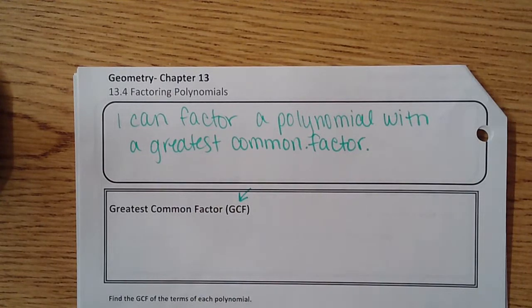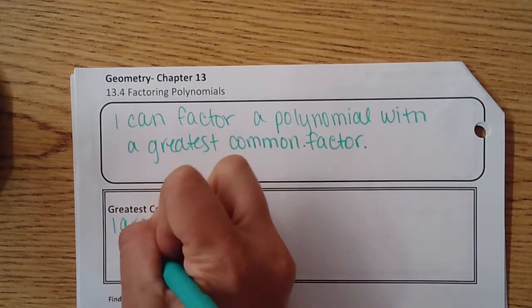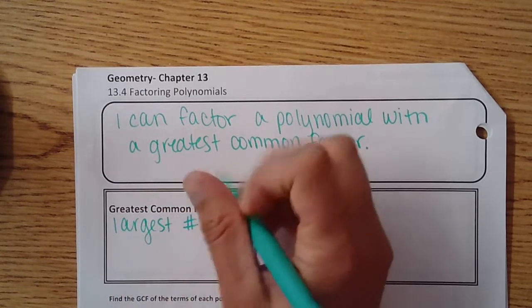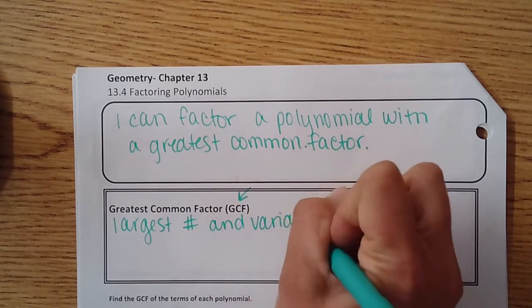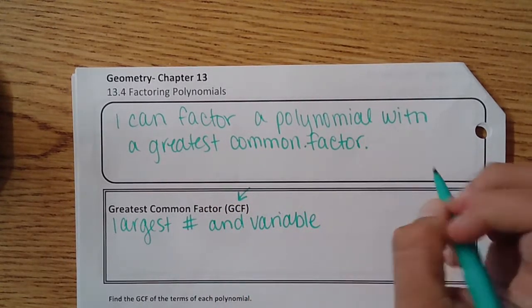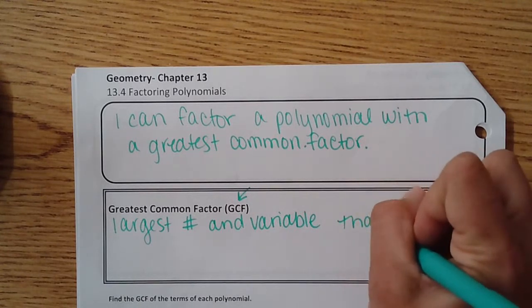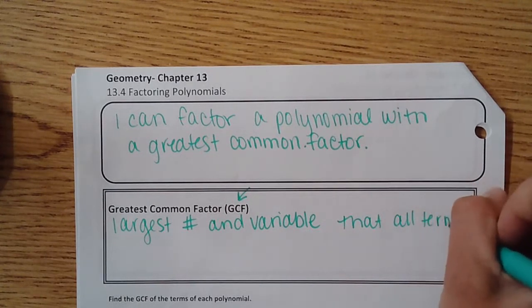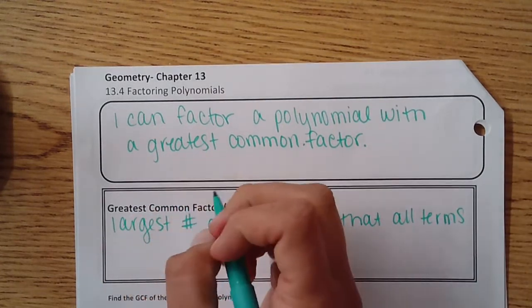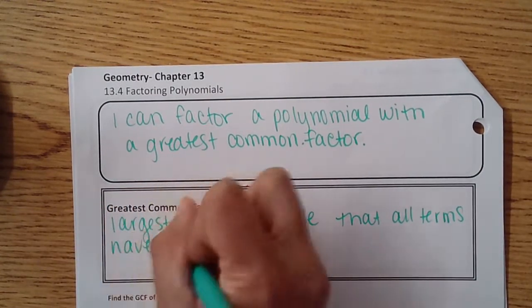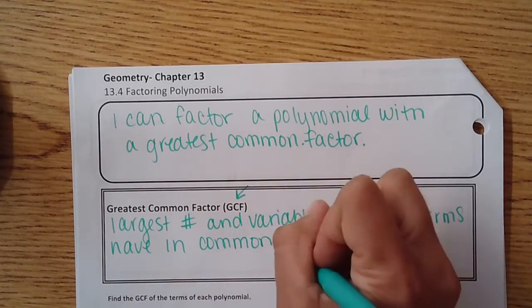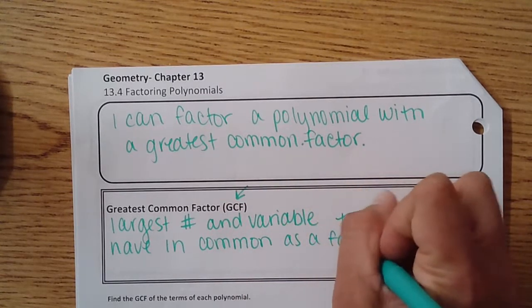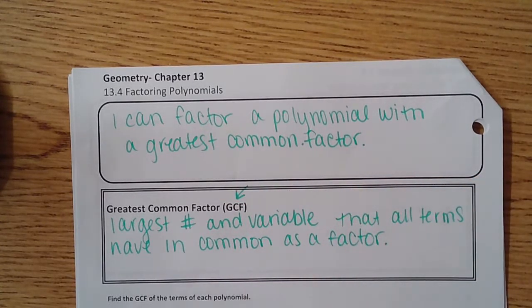This is the largest number and variable, so the largest degree when it comes to the variable, that all terms have in common as a factor. Okay, so it's usually a combination of a number and a variable.